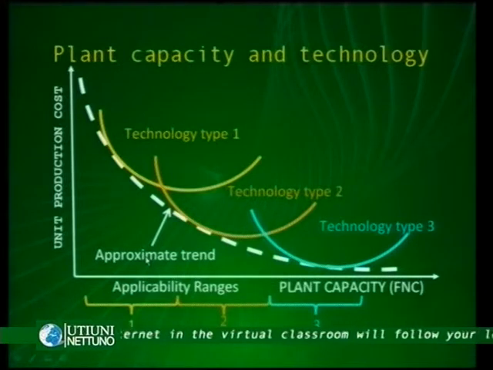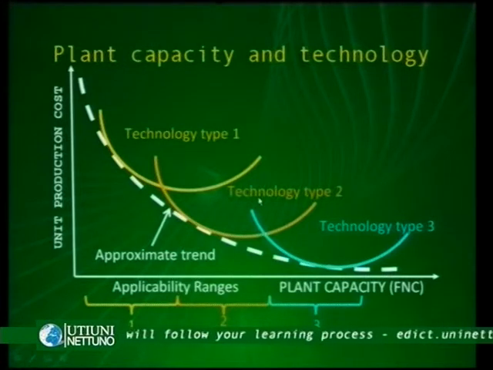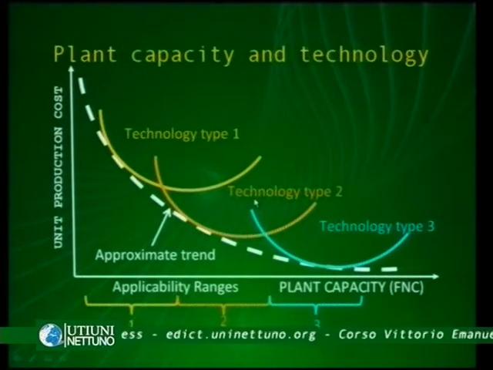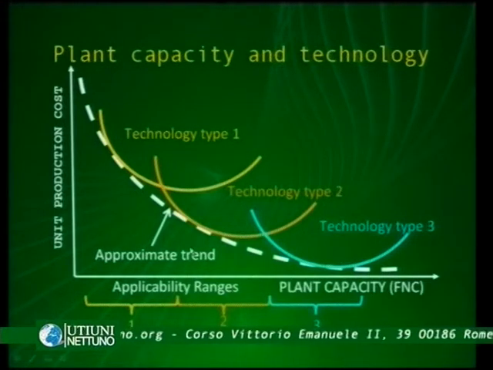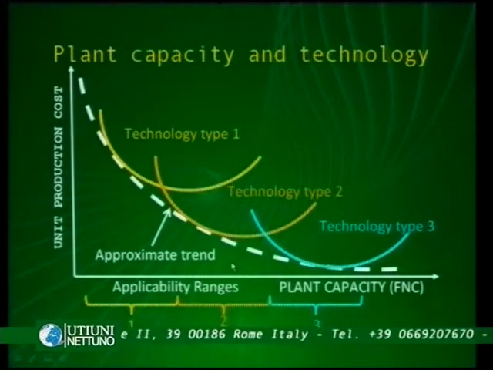And so according to the applicability ranges, number 1 for technology 1, number 2 for technology 2, and number 3 for technology 3, the company should choose the technology which is guaranteeing the respect of the minimum installed capacity, as well as the cost conditions which are consistent with the strategic considerations that we've done so far.